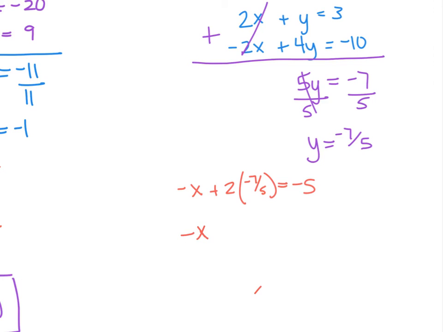So -x plus 2 times a negative 7/5 is a negative 14/5 equals negative 5. Then we'll go ahead and add 14/5 to both sides.